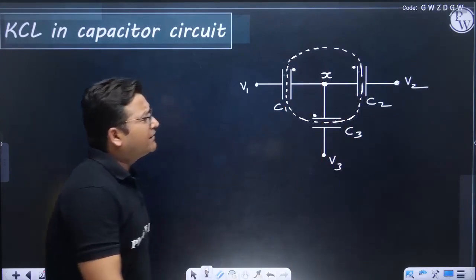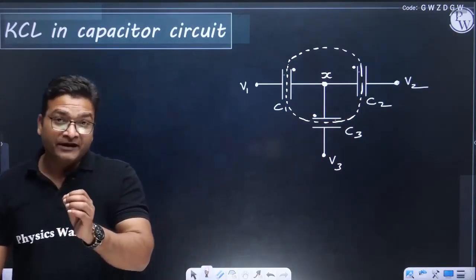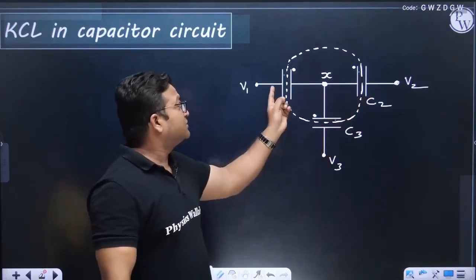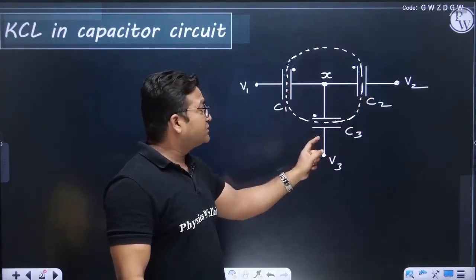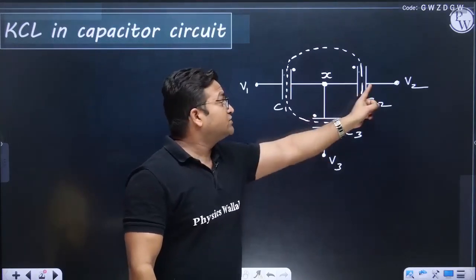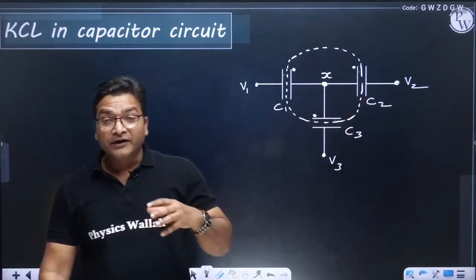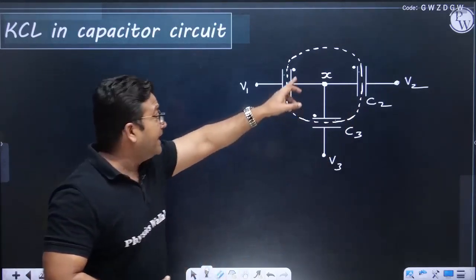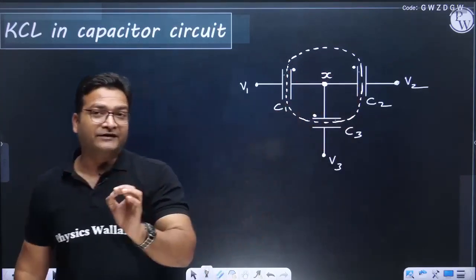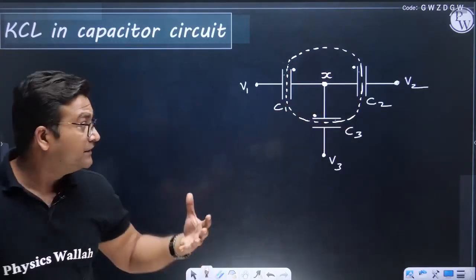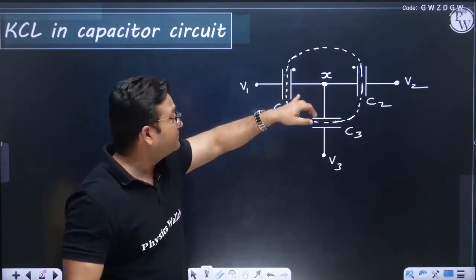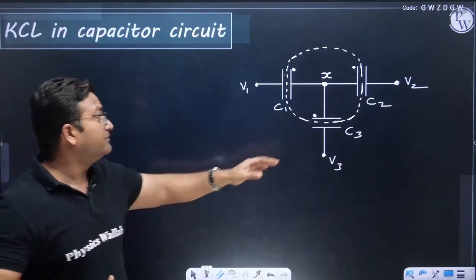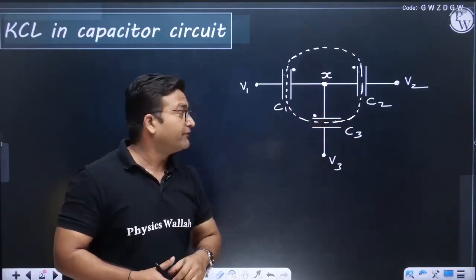you will notice that this system is actually electrically isolated from the rest of the network, because the charge cannot go from here to here, the charge cannot go from here to here, and the charge cannot go from here to here. So if there are some changes in the circuit, the net charge of these 3 plates will remain conserved, because charge cannot come onto this system of 3 plates and charge cannot go from the system of these 3 plates of capacitors, right?